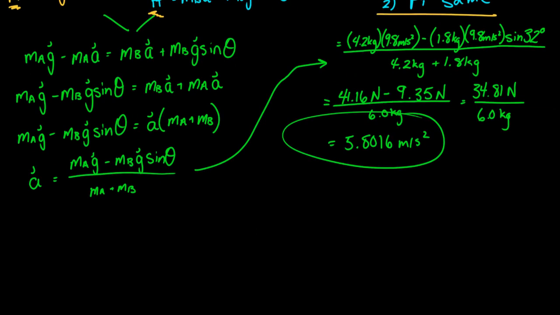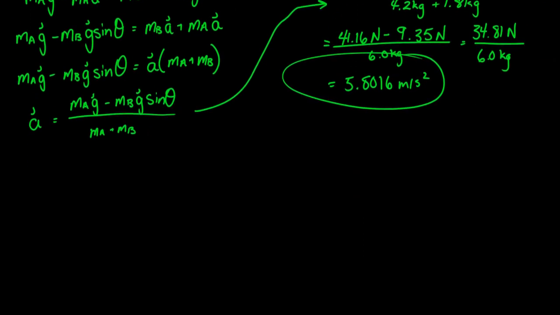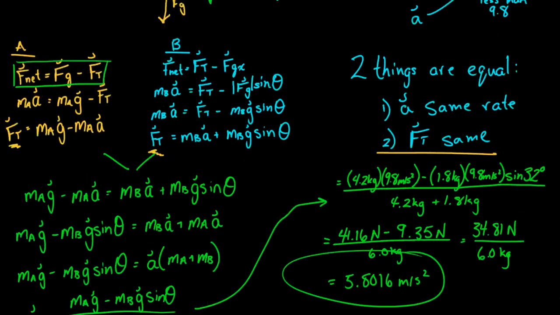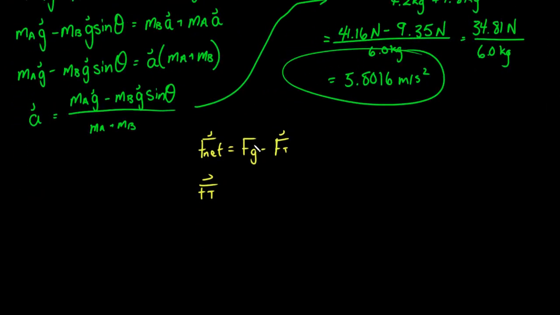Okay, so for that formula, we had F net equals force of gravity minus that force of tension, right? So when we rearranged, we had force of tension was equal to, well, just look at what you had on the left side of the equation. We had mass A times gravity minus mass A times acceleration.